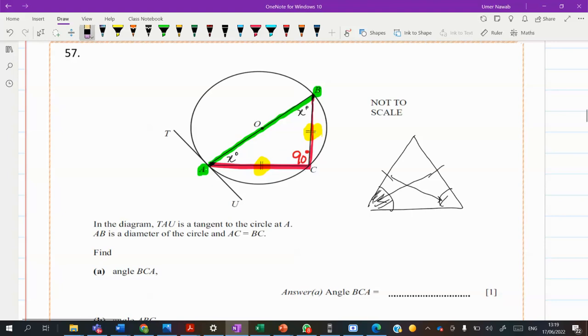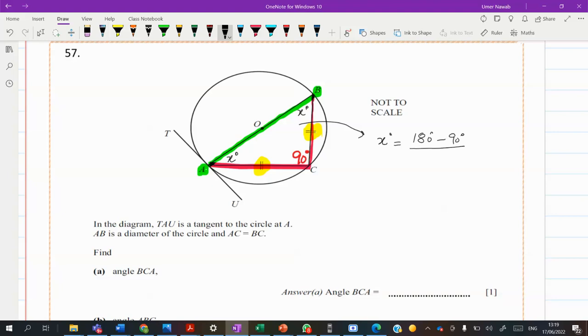And I want to find X. To find X, what we need to do, we write X is equal to 180 minus 90 divided by 2. Why divided by 2? Because the two angles are the same.